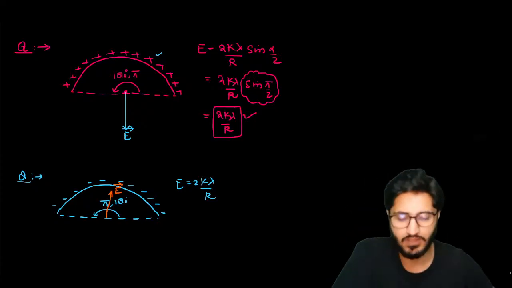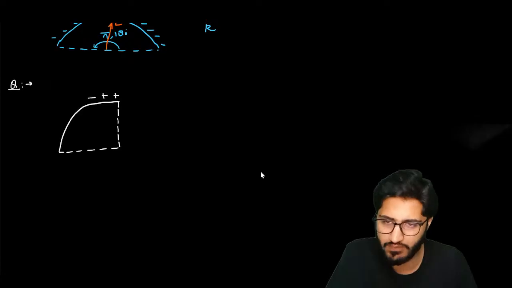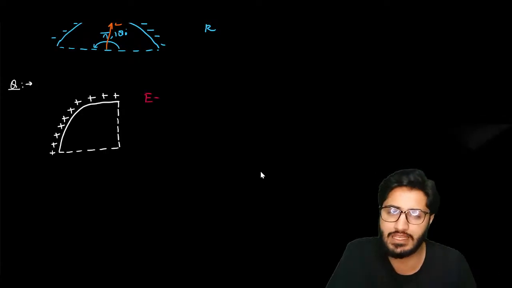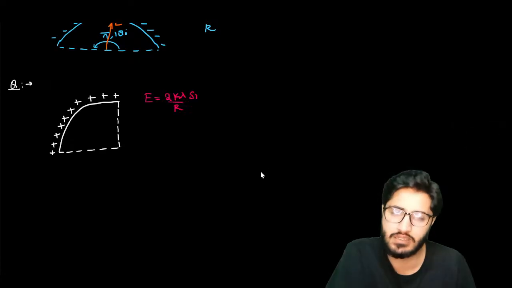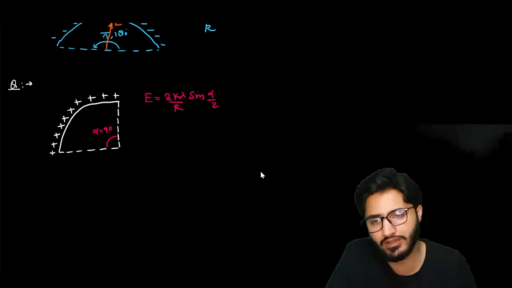Now let us take the example of a quadrant. We have a quadrant like this, and on the quadrant we have a charge distribution like this. Here, E is equal to 2k lambda by r sine alpha by 2. Is this alpha? Yes, so alpha equals 90 degrees or pi by 2.